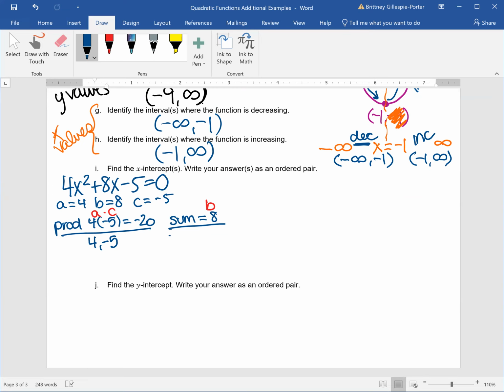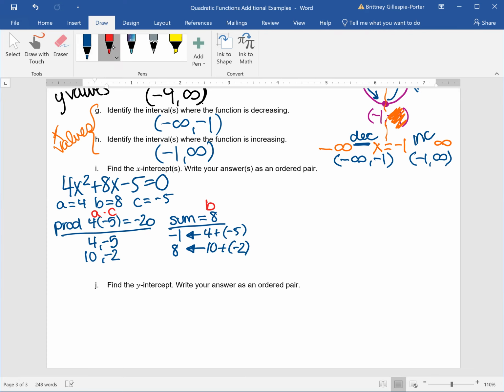But when I add them together, I get -1. That's not the 8 that I wanted. So I could keep going. What else goes into 20? Let's see. I could do 10 and -2. And that gives me 8 because 10 plus -2 is 8.